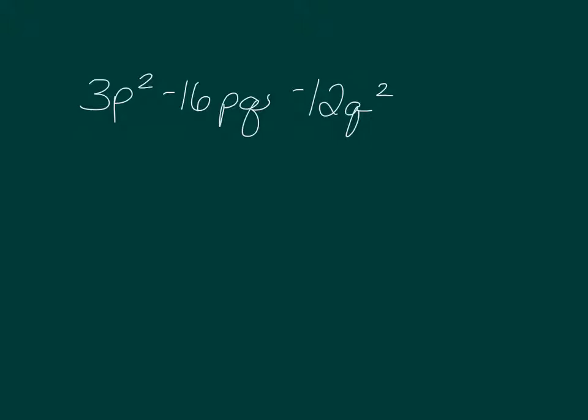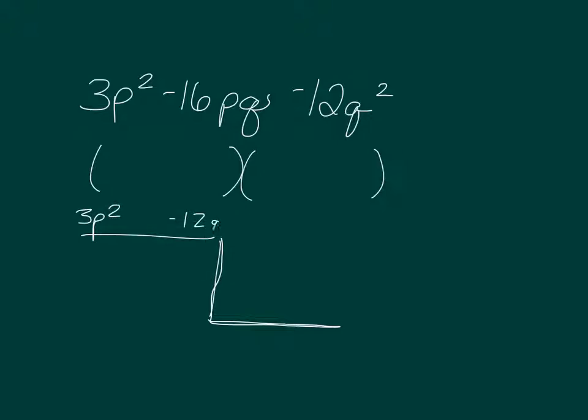And 3 is not divisible by 2. So I don't think that there are any common factors. I don't have 4 terms, I only have 3. I have a number in front of p squared, so I'm going to break this up into 2 binomials. But I'm going to use the z-box to help me. So I have 3p squared and negative 12q squared. And here I have negative 16pq.